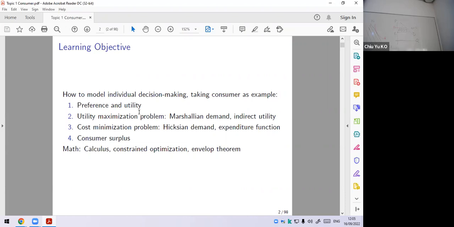And you also learned the consumer surplus, which is justified by the idea of CV and EV, actually based on Hicksian demand and the expenditure function. That's why we learned all this, although it looks technical, and it has application to consumer surplus. And we actually spent a lot of time on it.